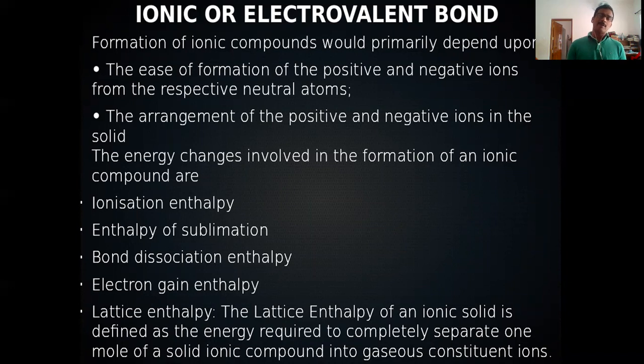If you want to convert a solid atom to a gaseous atom, you have to supply sublimation energy. What is sublimation? Conversion of a solid substance directly into the gaseous state without going through the liquid state. That is sublimation.